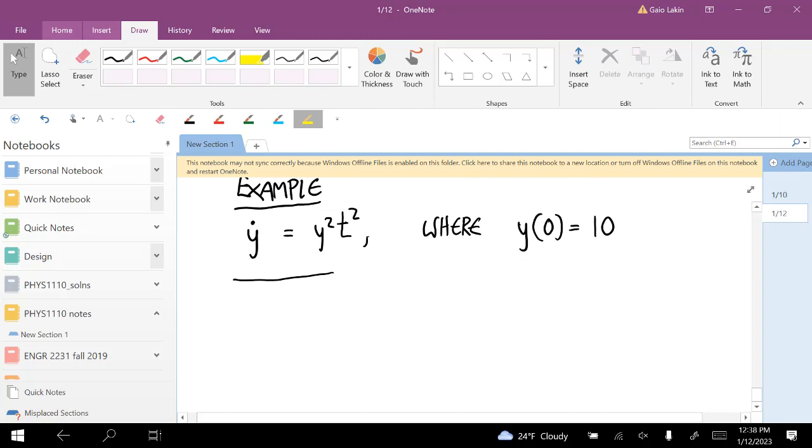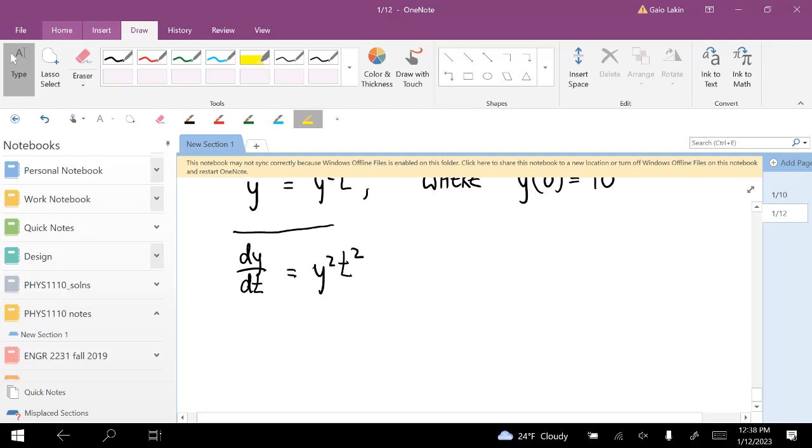Okay, well, we have dy dt is equal to y squared t squared. So y to the negative 2 dy is equal to t squared dt.